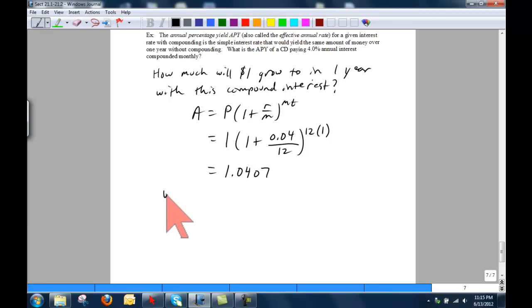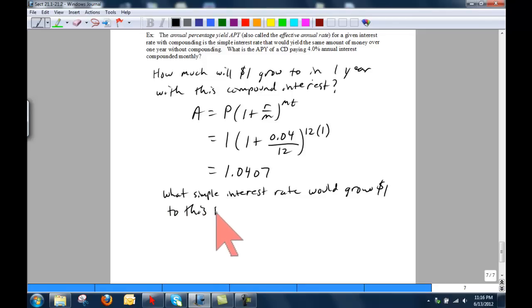Second question then, what simple interest rate would grow $1 to this same amount in 1 year?